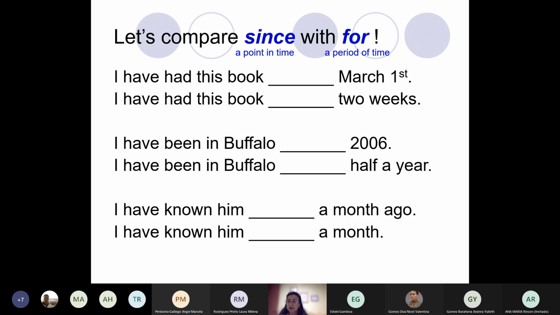The other one, Andrea Gomez. Next one. I have been in Buffalo for half a year. And 2006 is for or is since?